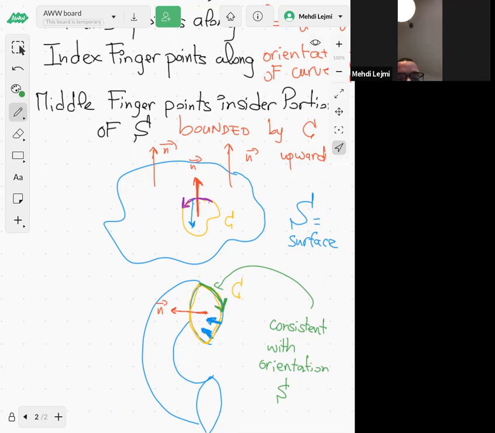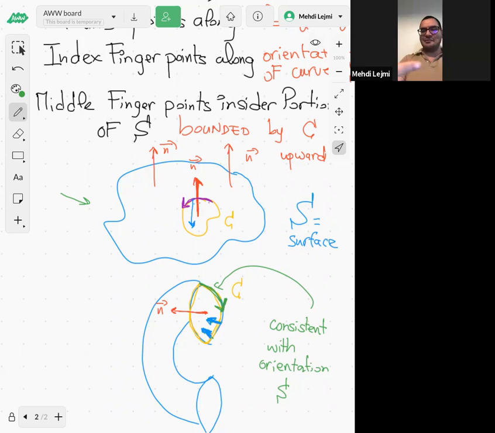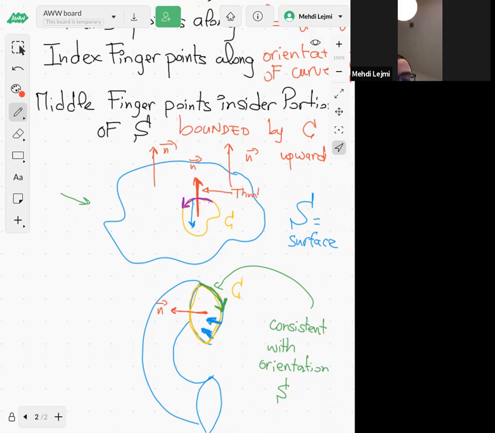In the first example, you see my thumb points in the direction of the normal vector, and the index points along the orientation of C. Here's my thumb, this is my index finger, and the inside is the middle finger.